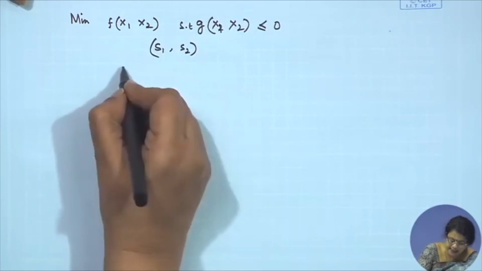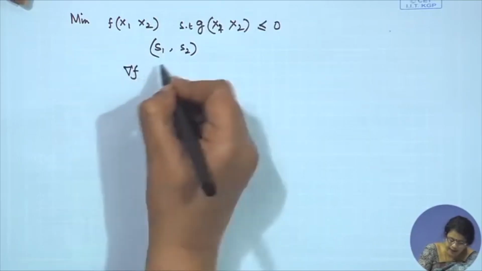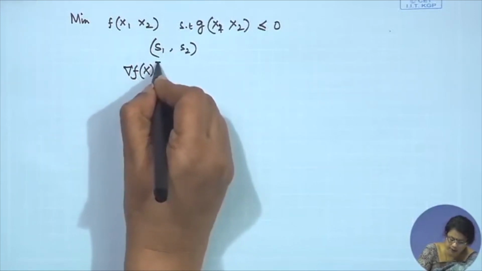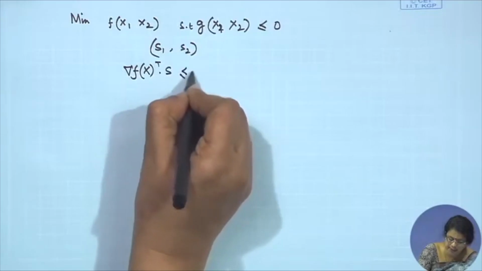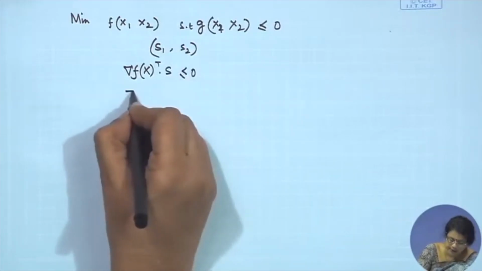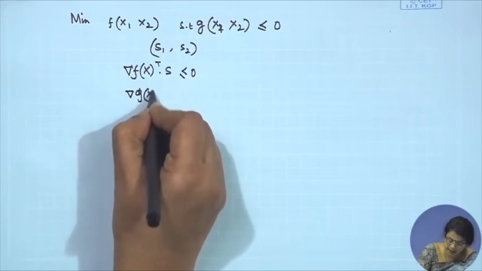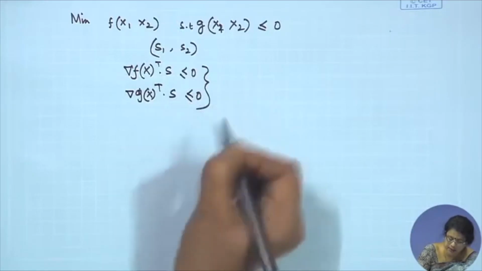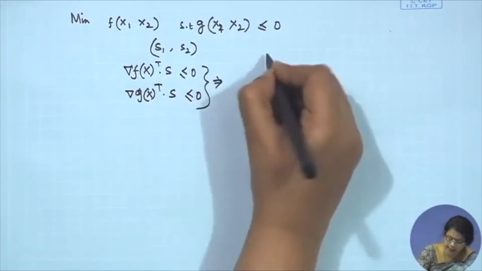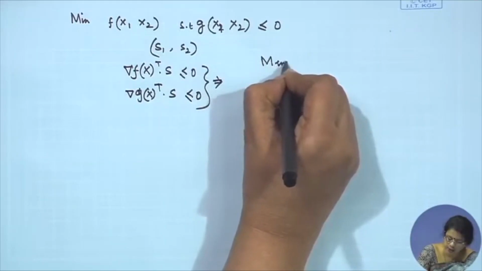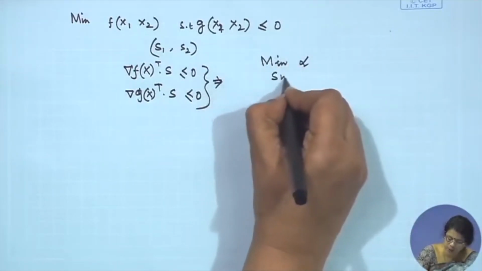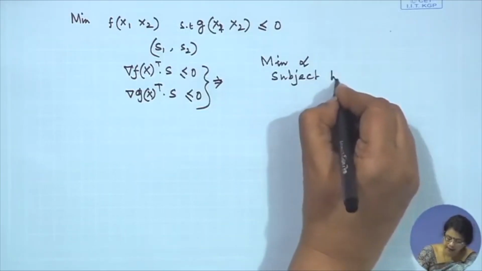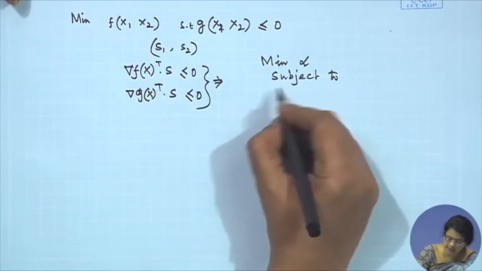As I said, grad f at a point x, where x is my starting point, dot s must be less than or equal to 0, and grad g at the point x dot s must be less than or equal to 0. This is the usable direction. From here we get the optimization model by considering alpha equal to the max of grad f(x) dot s and grad g(x) dot s.